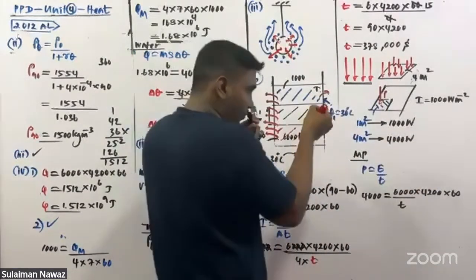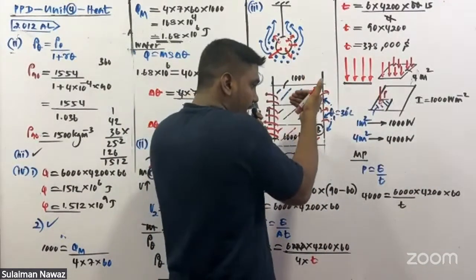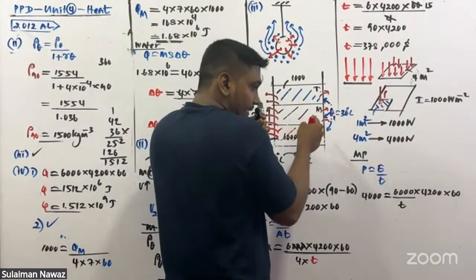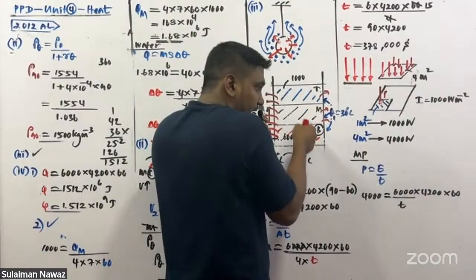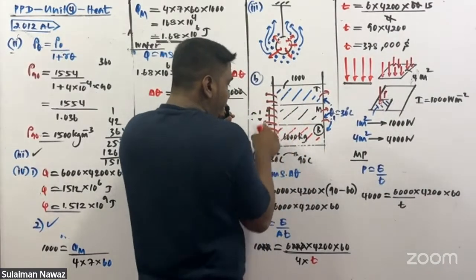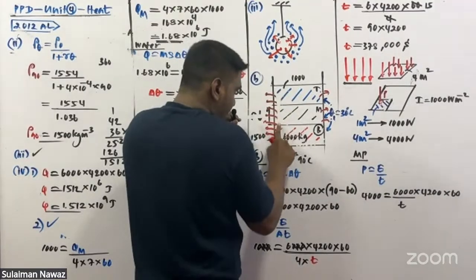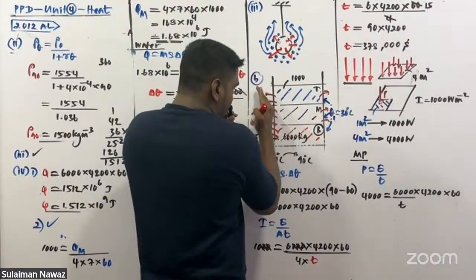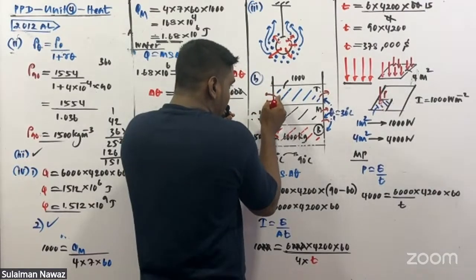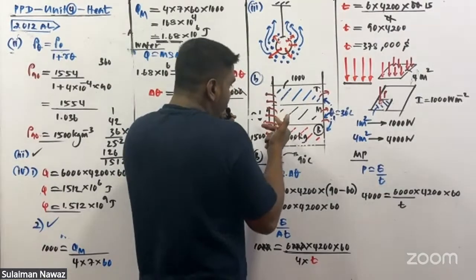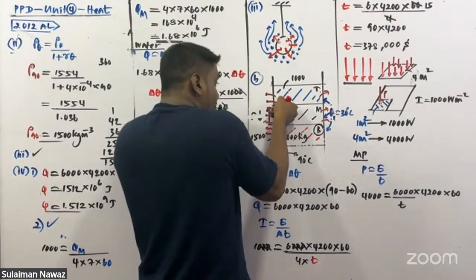Now currently there is water and the wall, touching each other. Rather than touching each other, you are going to put an insulation layer between. Why? To reduce the amount of heat loss to the wall.